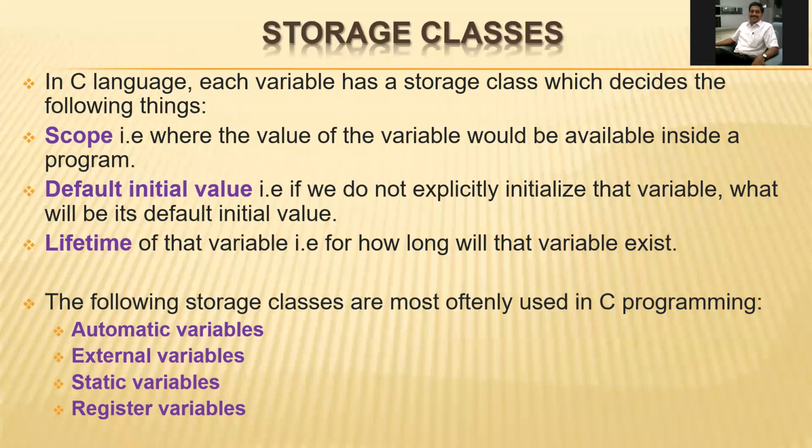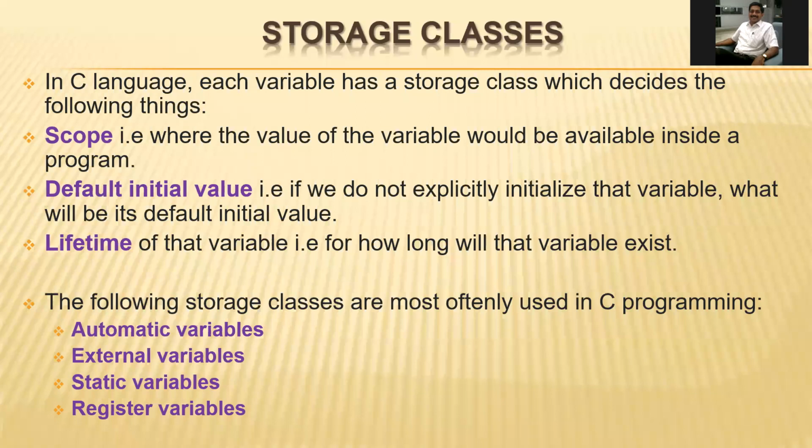Now we have declared many variables in our programs, but every variable will have some storage class where we can store that particular variable, and that is decided by the language.